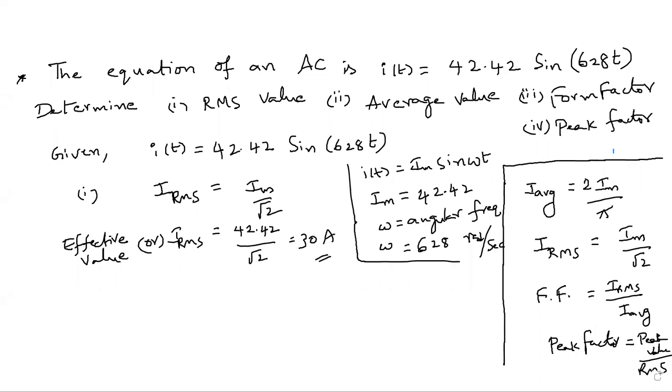Next, now they are asking the average value. Calculate the average value from the given data. I average is equal to 2 Im by pi. 2 Im in the sense, 42.42 by pi.